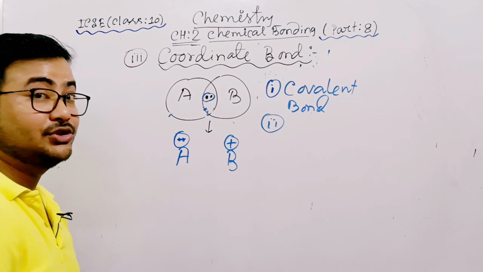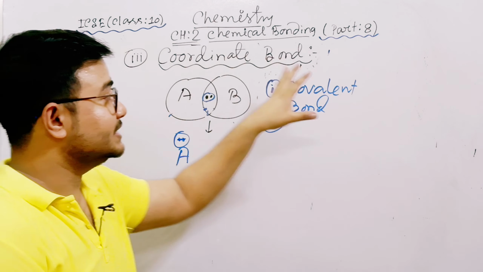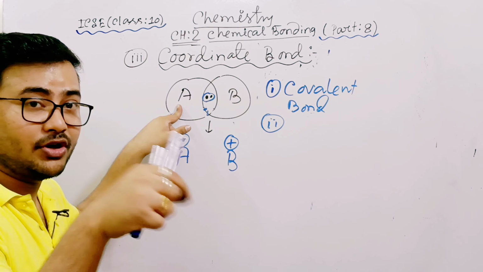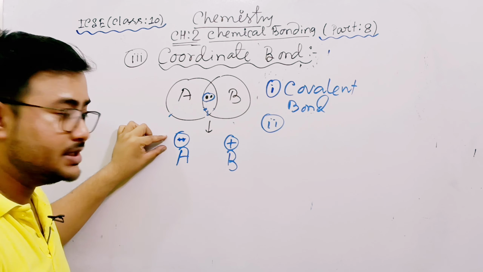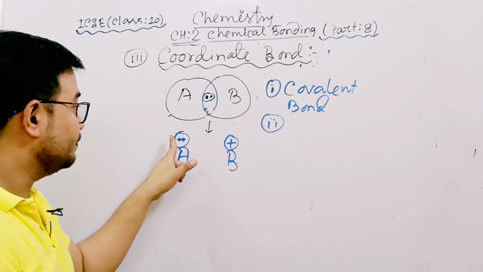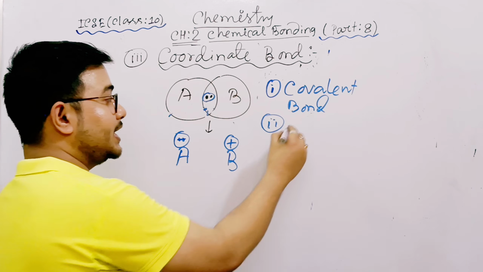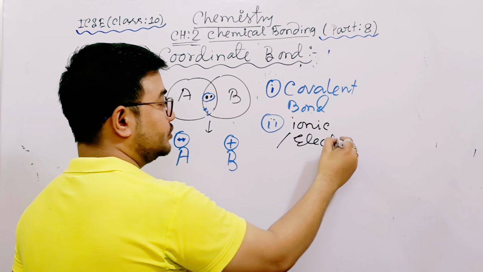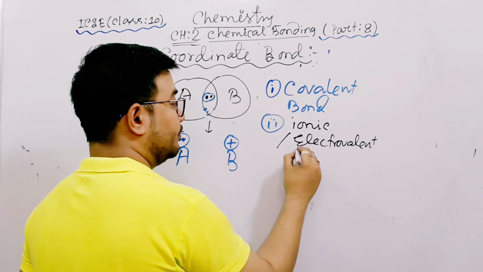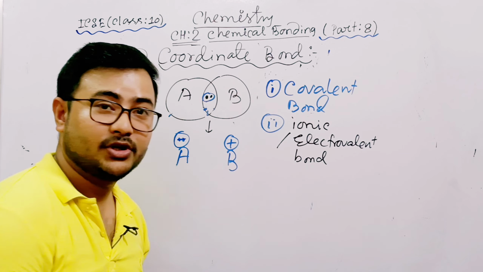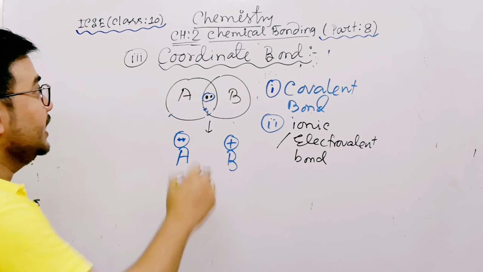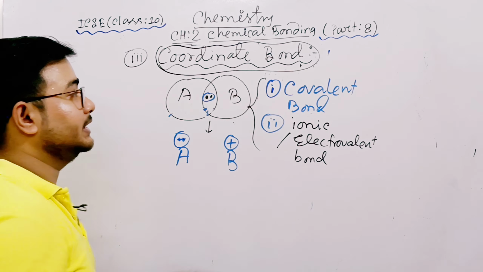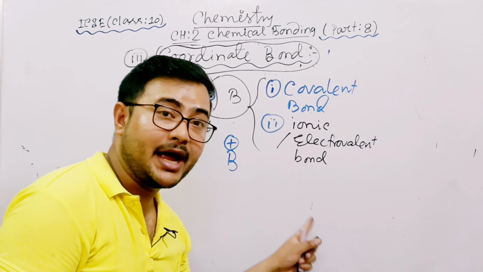Negative. So the structure looks like a covalent bond, a shared pair of electrons, but if you consider the electronic concept, A has electron density and B has a vacancy. So the plus and minus signs look like an ionic or electrovalent bond. So we can conclude that in a coordinate bond there are characters of both covalent and ionic bonds.